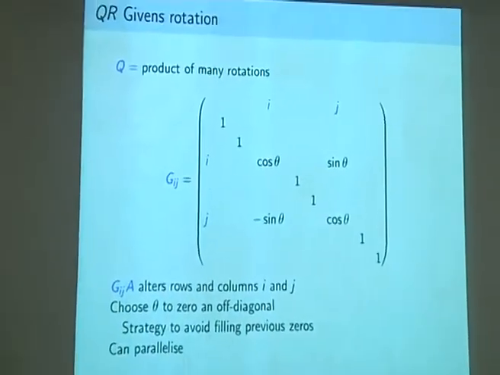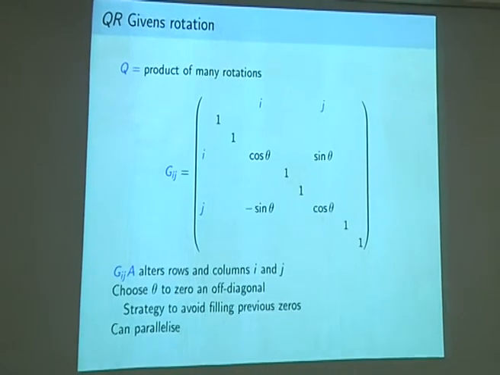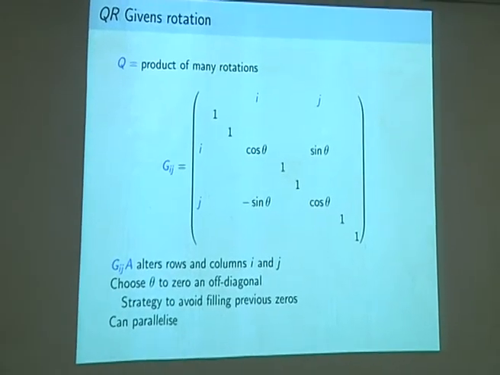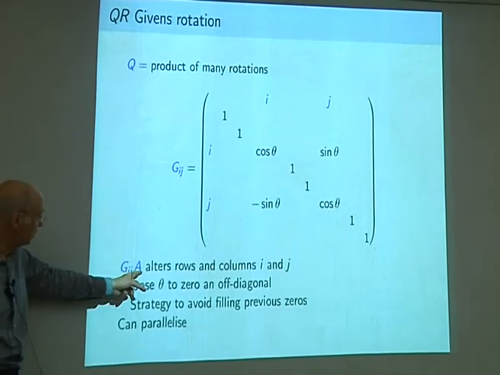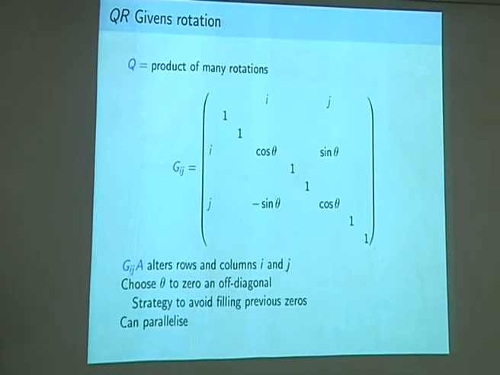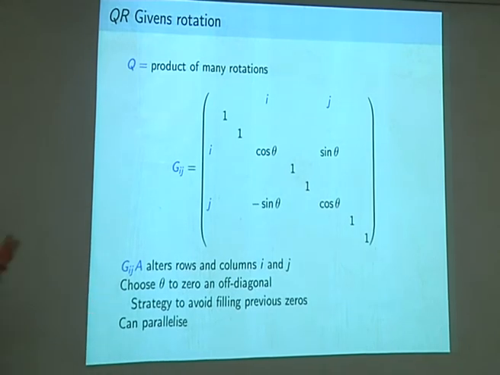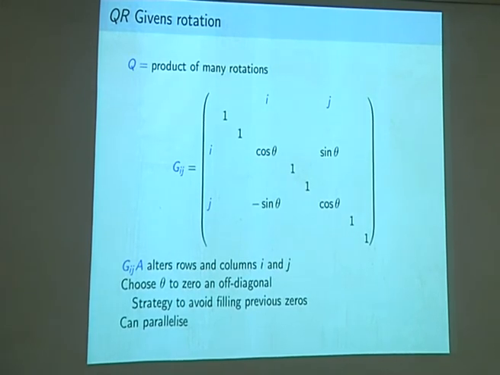And I choose how far to rotate in order to eliminate one of the elements of A. So by doing a rotation of A, I'm trying to find R, the upper triangular matrix. So I'm trying to zero the under-diagonal terms of the emerging R. And I have to do all possible IJ rotations to do this.